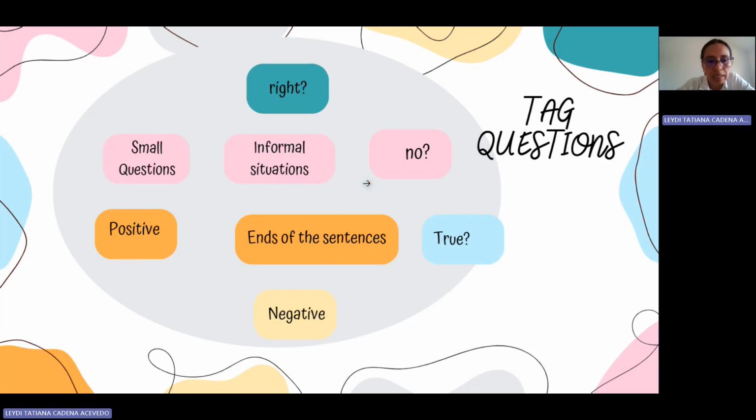In Spanish, they are similar to saying verdad, ¿no? ¿Cierto? For example, tú estudias inglés, ¿cierto? In English, we don't translate no or verdad literally. Instead, we use tag questions.